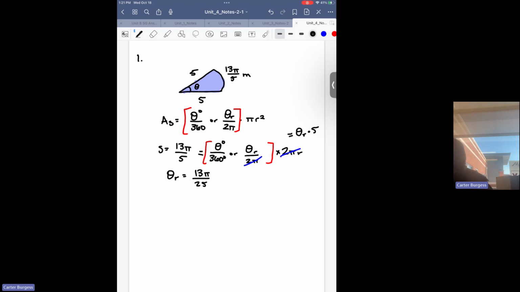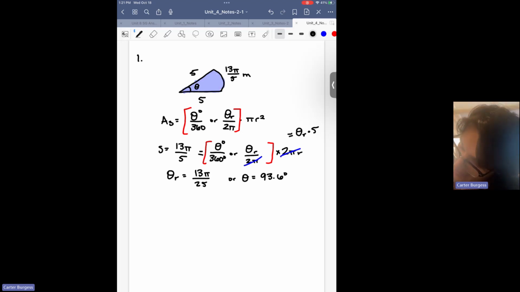If you had solved for degrees, you should have gotten that theta was equal to 93.6 degrees. Those two are equivalent, and either one is totally fine. Regardless of which one you got, you would plug it in.